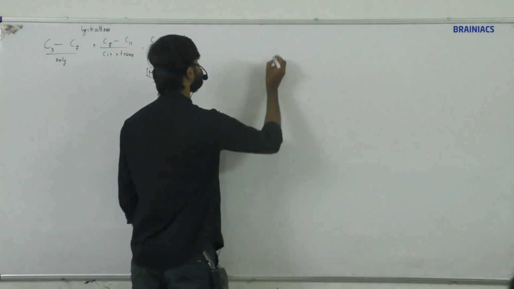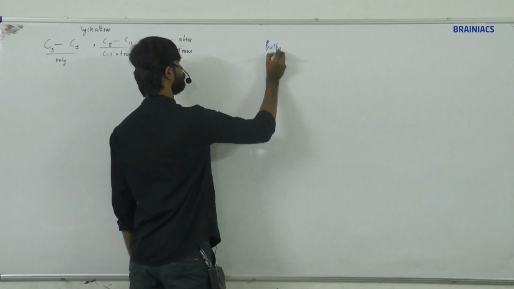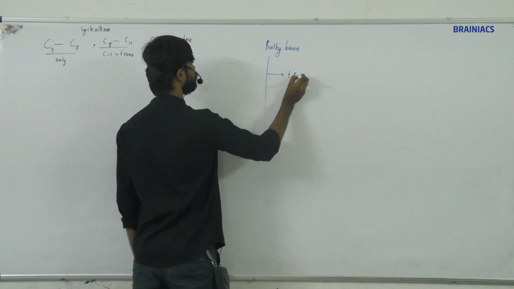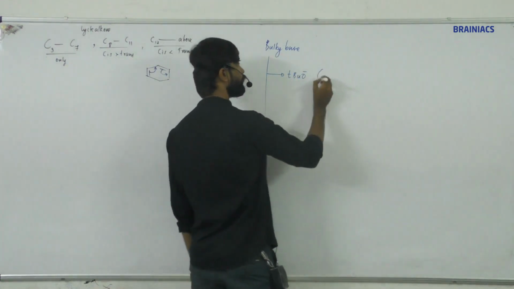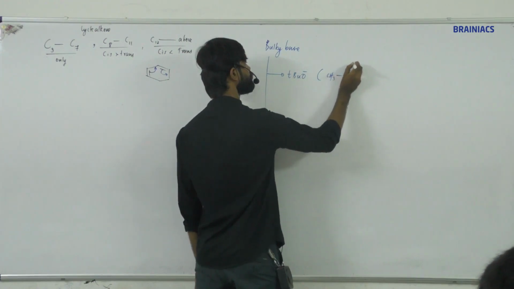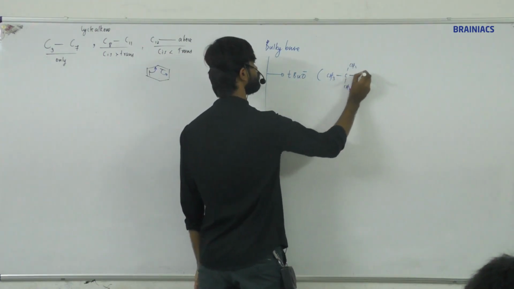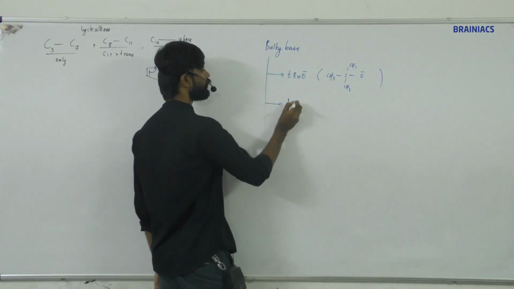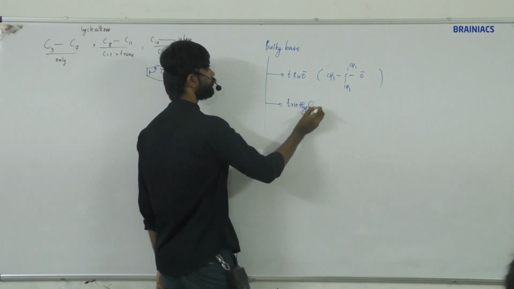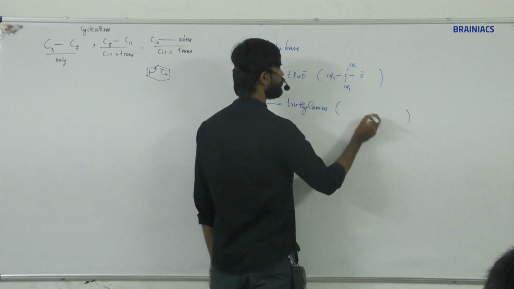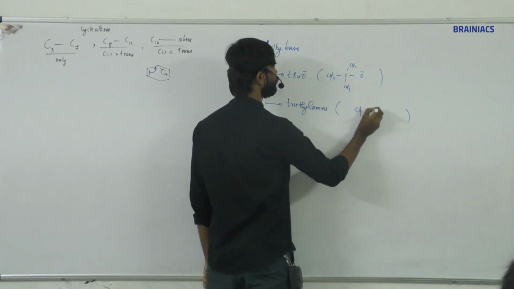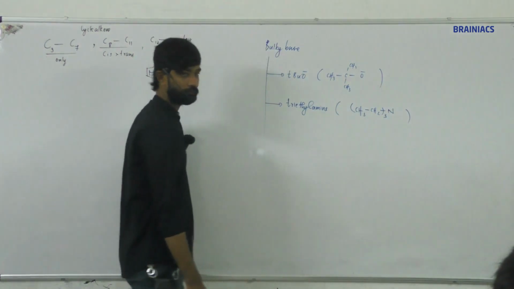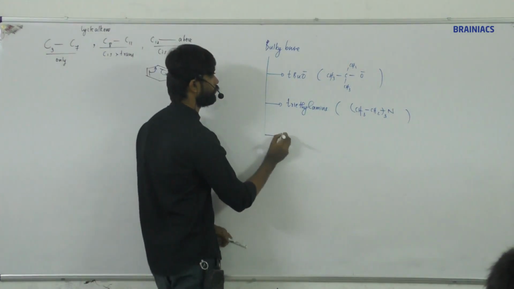First of all, you have to know which one is the bulky base. Bulky base: tertiary butoxide ion, (CH3)3CO minus, or triethylamine. Triethylamine means we have ethyl groups, number 3, on a nitrogen. This is a bulky base.